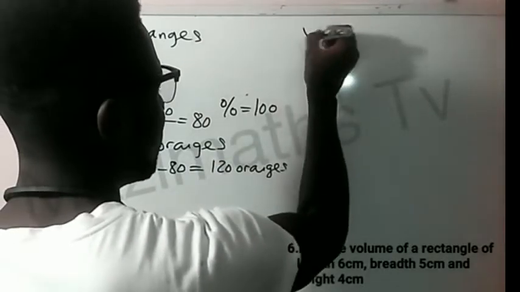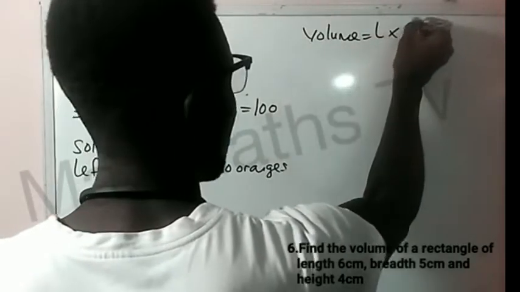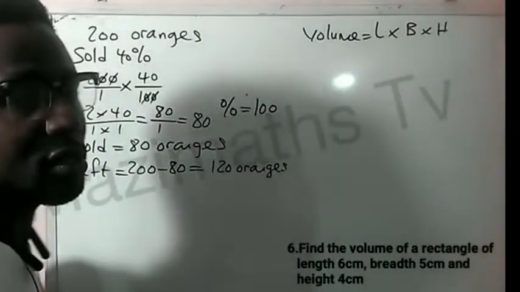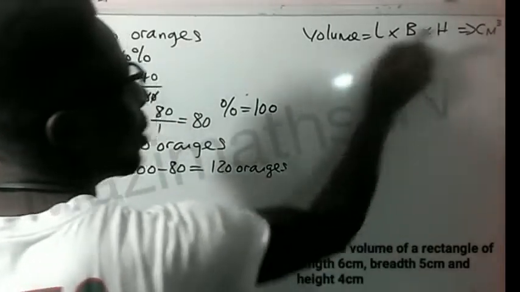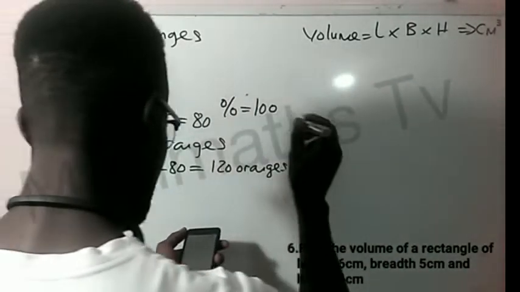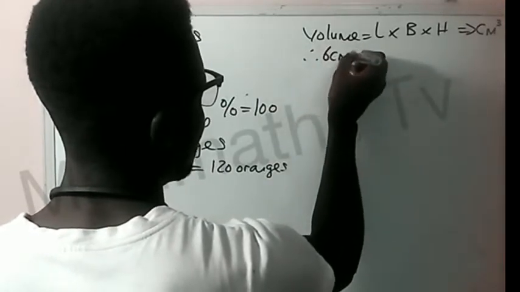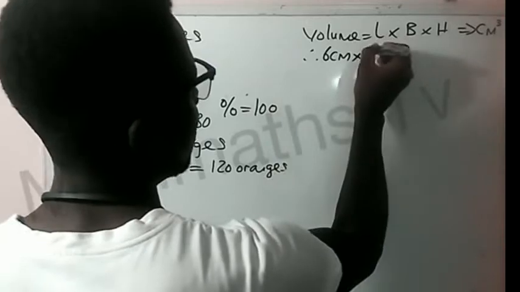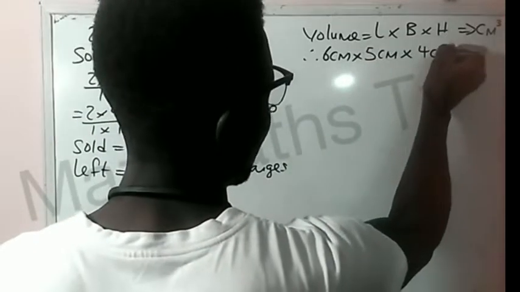The volume will be length times breadth times height, and your answer will be in centimeter cube, since you are multiplying 3 sides. Are you getting it? The length here is 6 cm, times the breadth 5 cm, then times the 4 cm height.